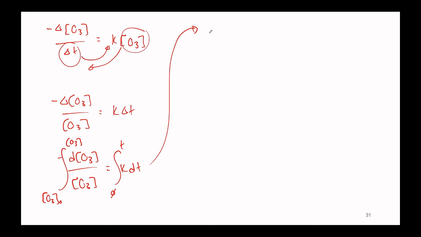The left-hand side of our equation will end up being equal to negative, since there is still this negative sign here, parenthesis, natural log of our final condition, the concentration of O3, subtracted by the natural log of the initial concentration, our starting point for the integral down here. This is all going to be equal to k times our final time t minus our initial time 0.